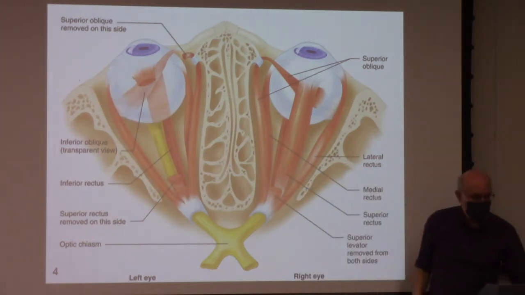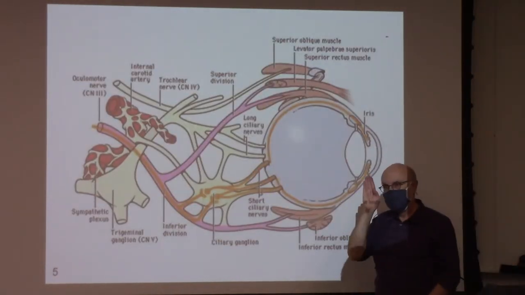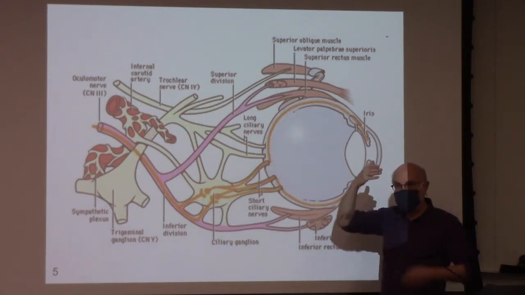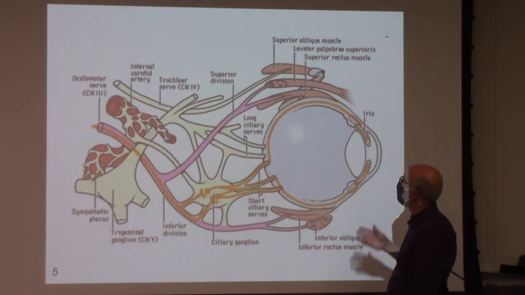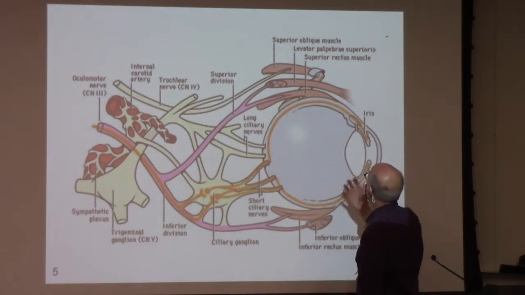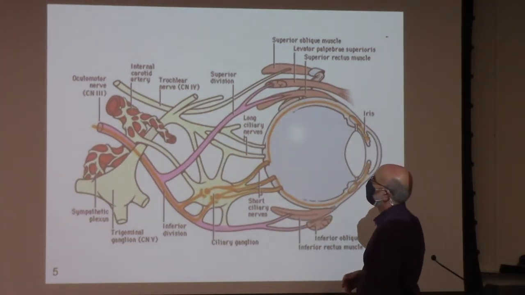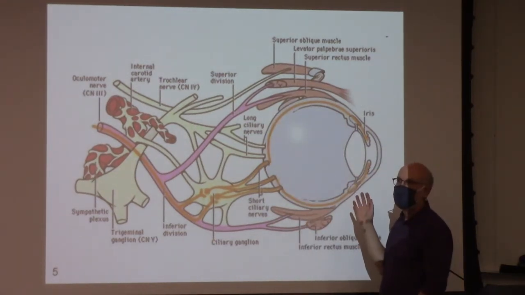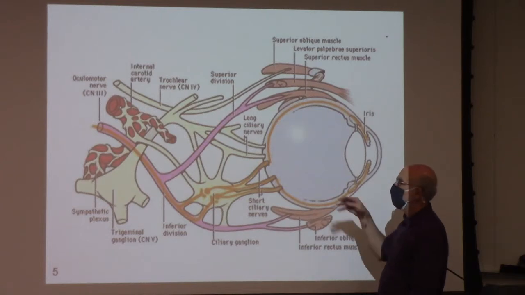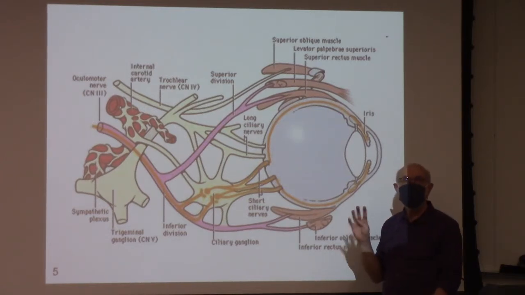Or am I looking at the eye in a sagittal section? Or I suppose there could be a coronal section. You just have to know your orientation. So this is a sagittal view of the eye. Let's just say it's the left eye being looked at from the right. It's very complicated. Let me make it make sense to you.